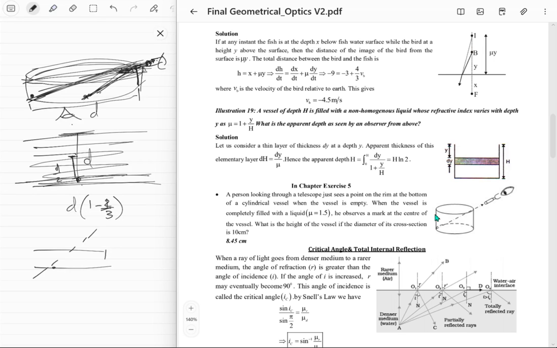When this ray bends, it's going to bend like this. But if it bends away, this guy will think it's actually coming from here, which doesn't make any sense. That's definitely not what's happening. What is happening then? It's not this ray we're talking about. Of course, just draw a better diagram.